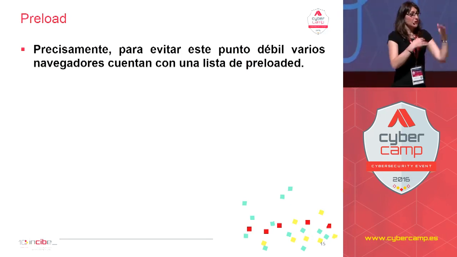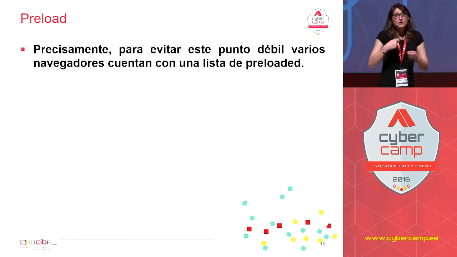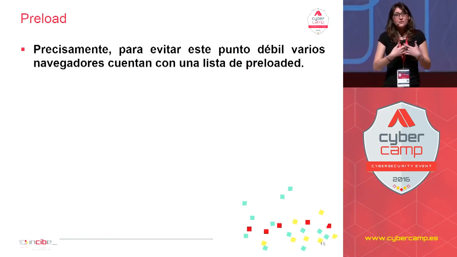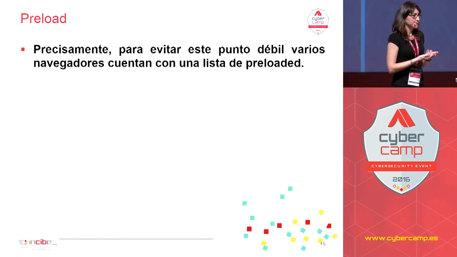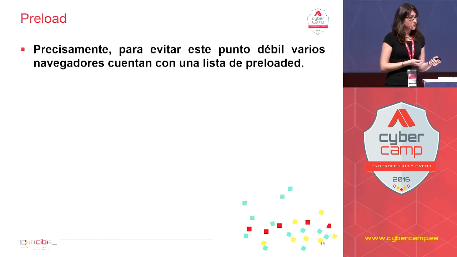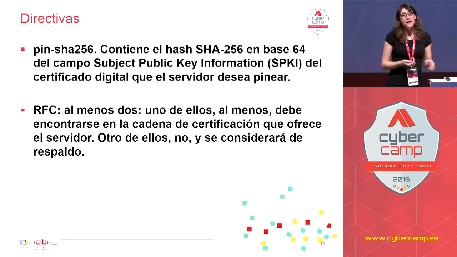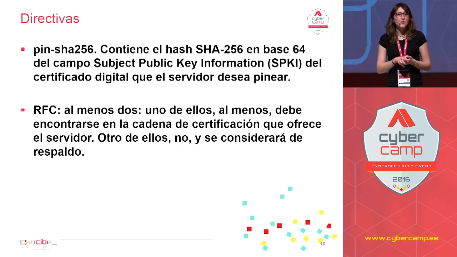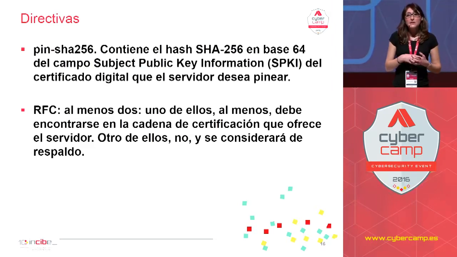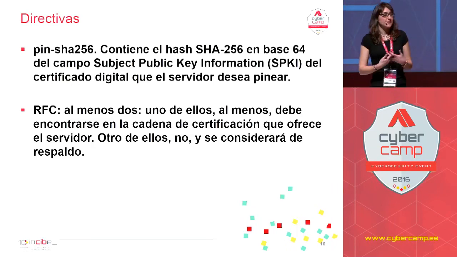I want the first connection to my domain to be a secure one. And sometimes domain owners made requests to be included within that list so that they are protected from the first time.